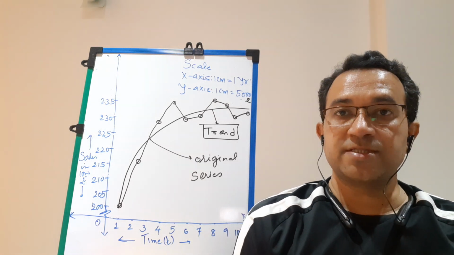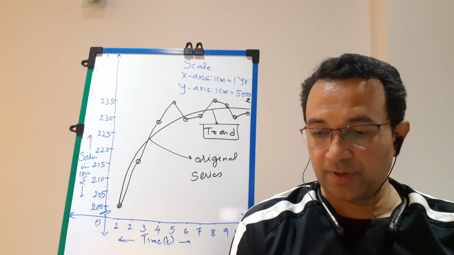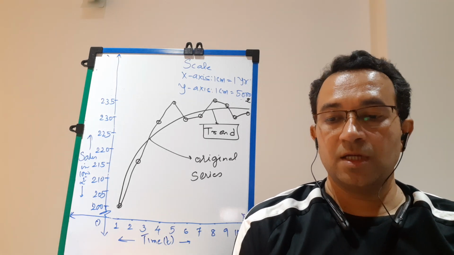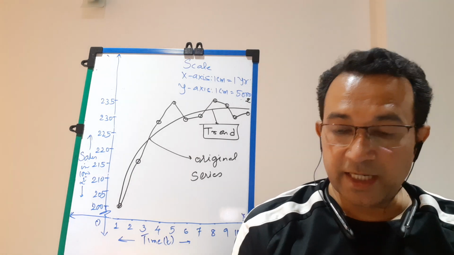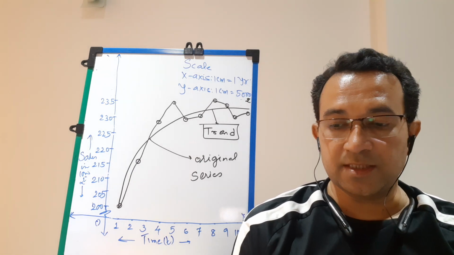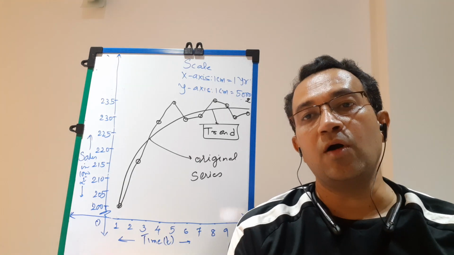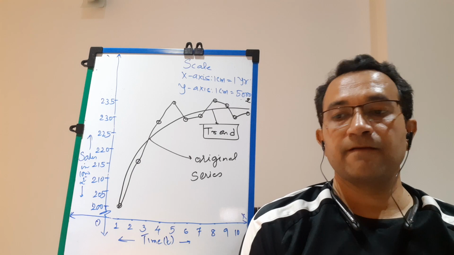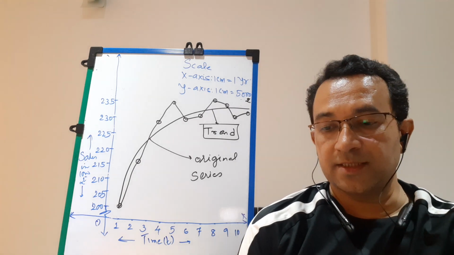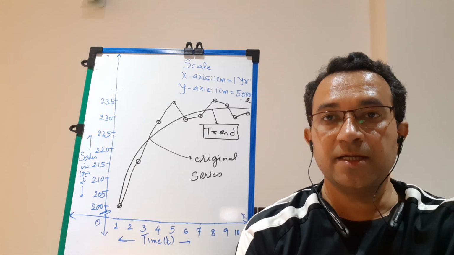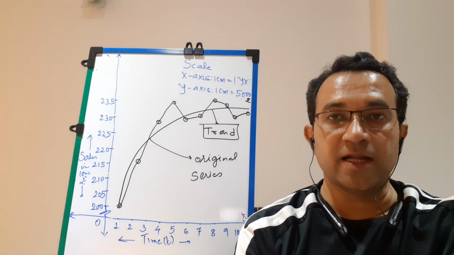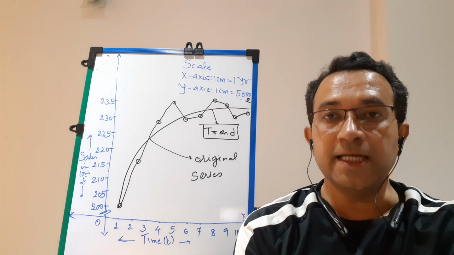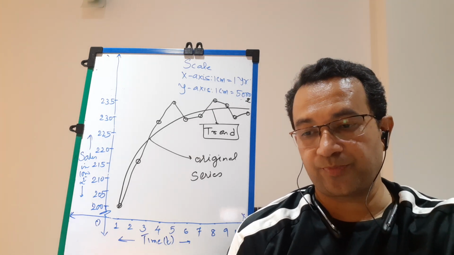Now students, we go for our second method, and that method is nothing but the method of least squares. Students, how many methods are there to fit a trend? The answer is 2. First is the graphical method, and second is the method of least squares.